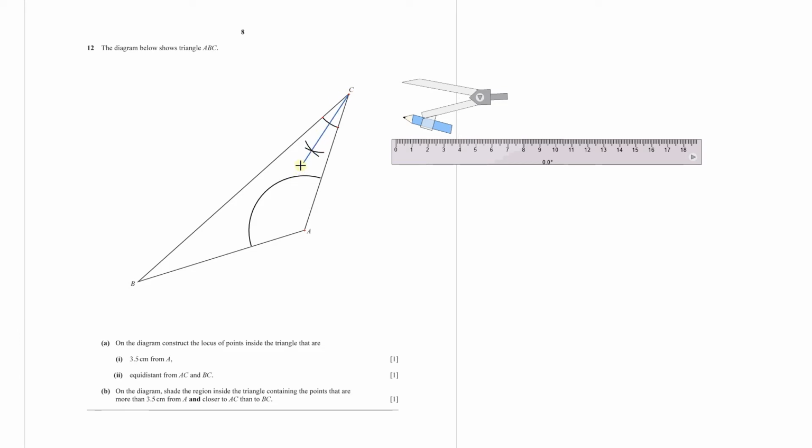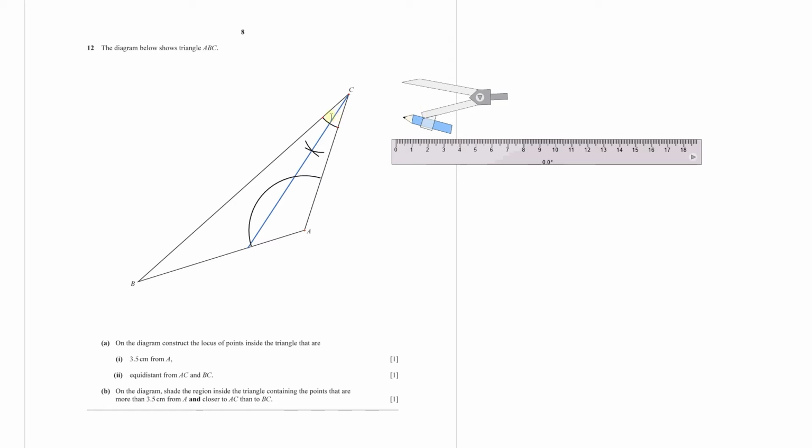So that line goes through the point C and the point that we have marked here. Since we need the locus of all the points in the triangle, we go until we reach the boundary of the triangle, like this.